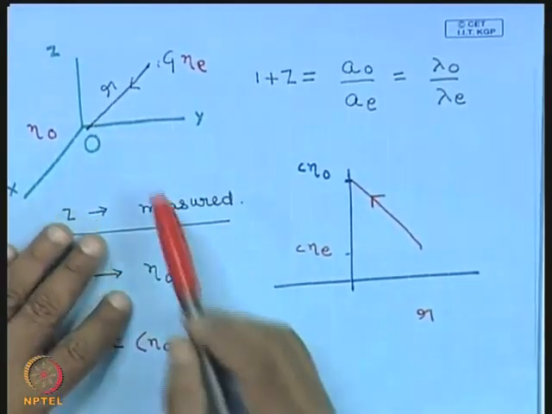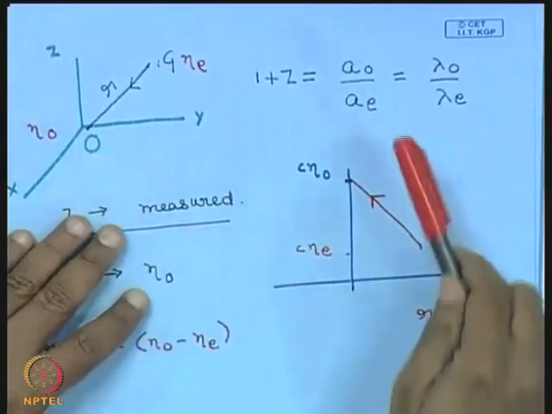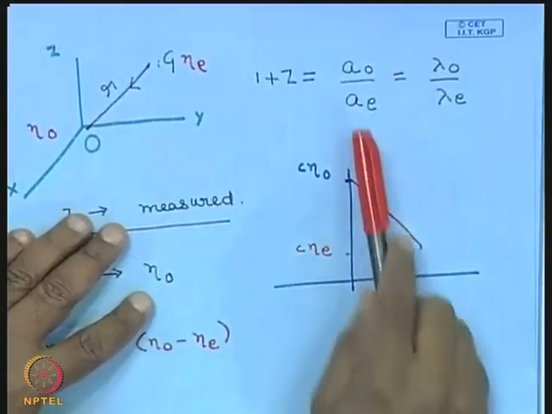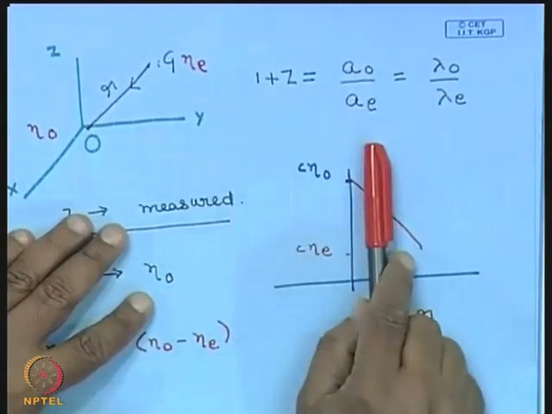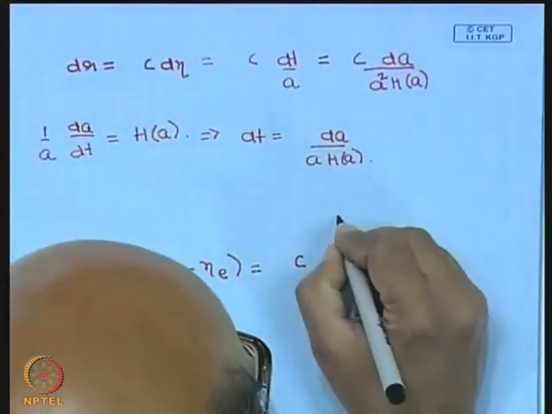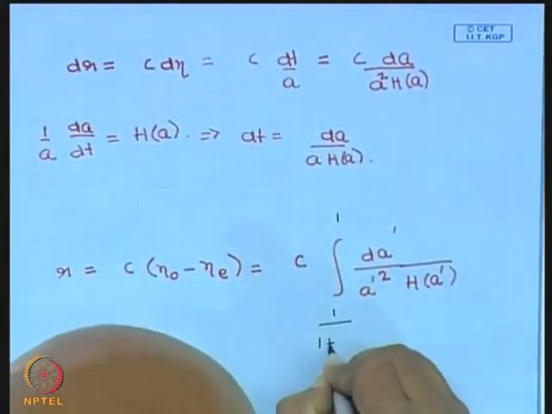Now we will assume that the observer is at present, when the scale factor is 1, so a naught is 1, and a emitted is 1 by 1 plus z. Okay, so the limits of this integral are 1 by 1 plus z and 1.